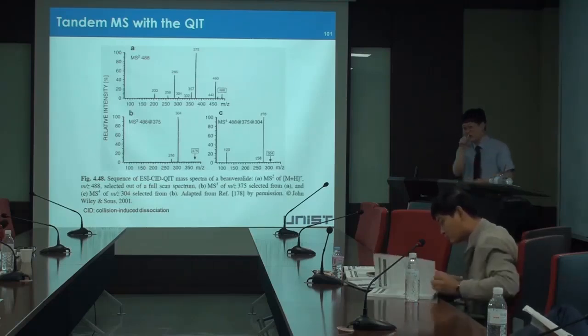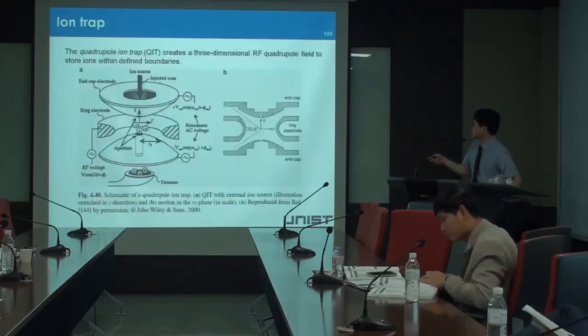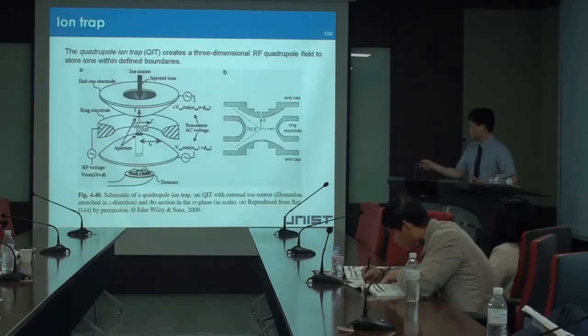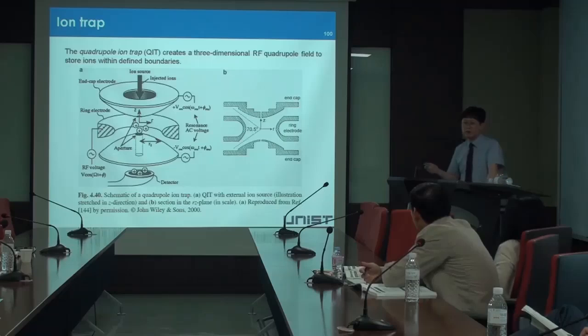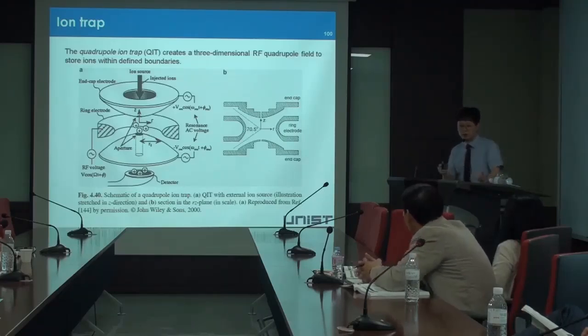This is another MS. We say tandem MS, MS/MS. So in this ion trap, the MS can occur within this area. With a further sophisticated instrument, you can do MSn using the ion trap. But ion trap MS is used for high concentration chemicals, not for general samples.